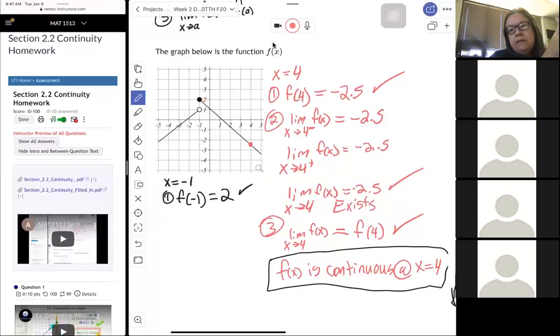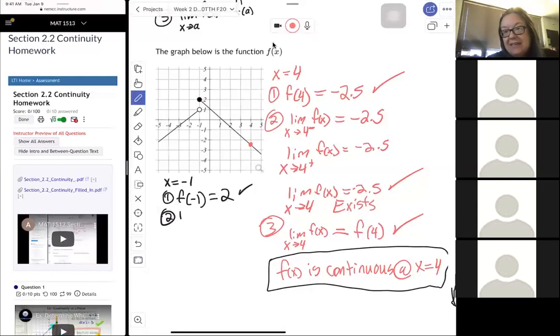The problem is in MOM, on these first few problems that have the graphs, you have to use the order. You have to check them in order. And the first one that's violated, that's the one you have to mark. Okay. So for this one, we would not mark number 1 because we do have a value at x equals -1. But number 2 says that the two-sided limit has to exist.